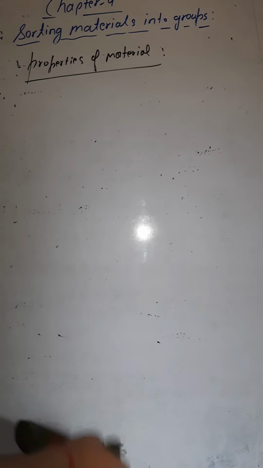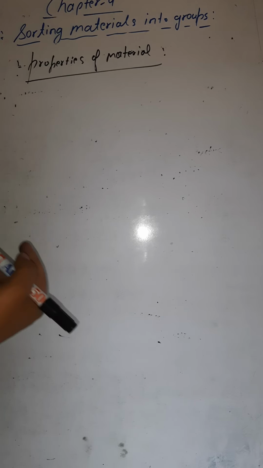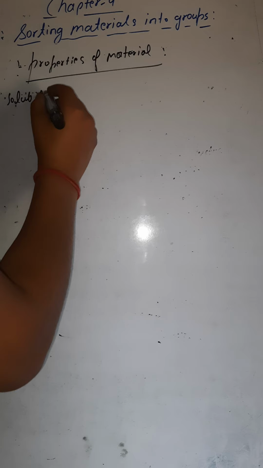And some, like sand, oil, and chalk powder, do not dissolve easily in water. So some of the materials are soluble in water and some are not. That would be the third property, solubility.